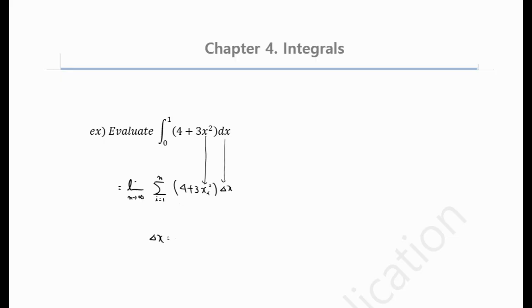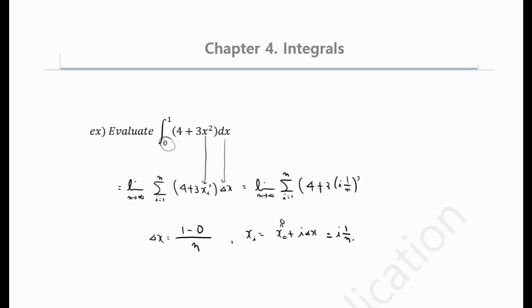Delta x is the endpoint minus the starting point over n. The sample point xi is x0 plus i delta x. x0 is the low point, 0, and this is multiplied by 1 over n. So it is the limit as n approaches infinity, sigma from i equals 1 to n, of 4 plus 3 times xi squared, and delta x is 1 over n.